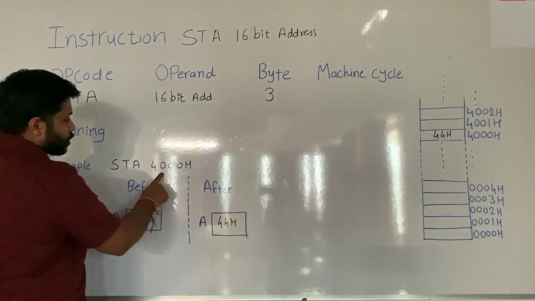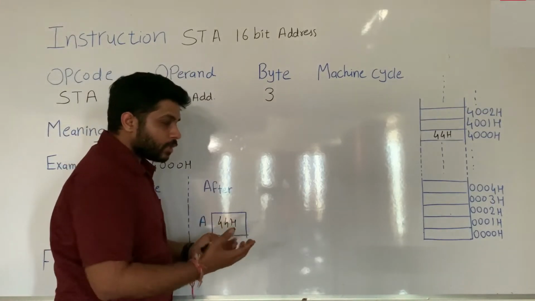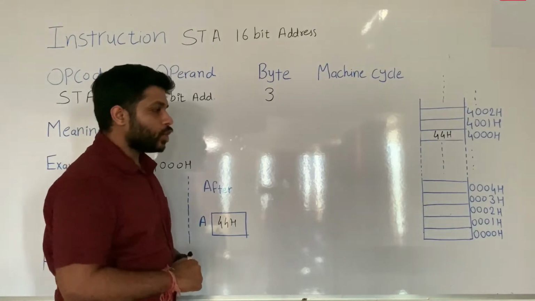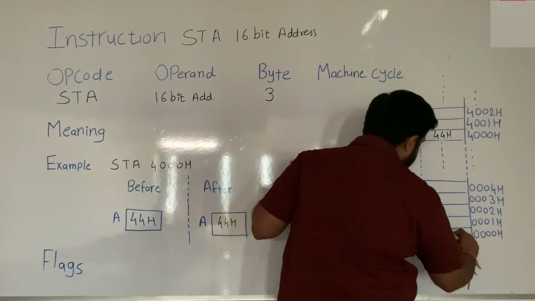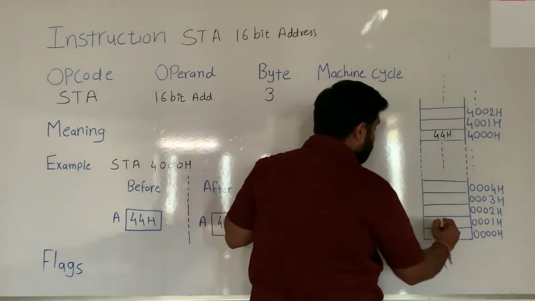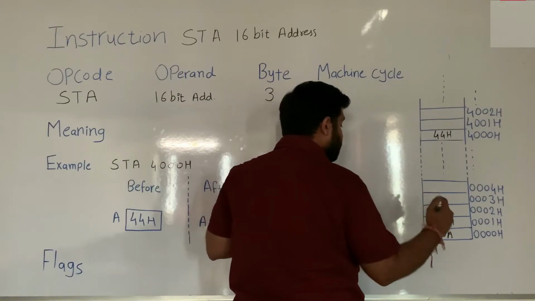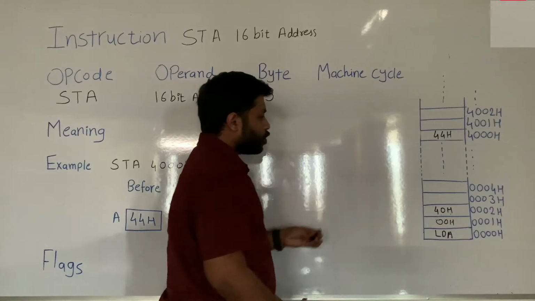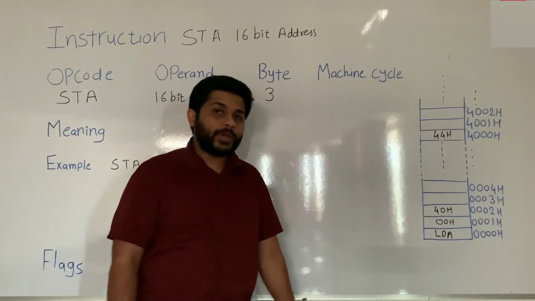Now this instruction is of 3 bytes, so 3 memory locations will be occupied. In the first location, the opcode will be stored, that is STA. In the next address, the lower byte value is stored, and in the next address, the higher byte value is stored. So you can see that one instruction is stored in 3 memory locations.